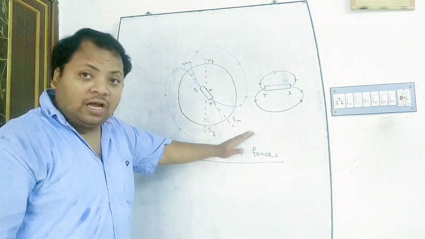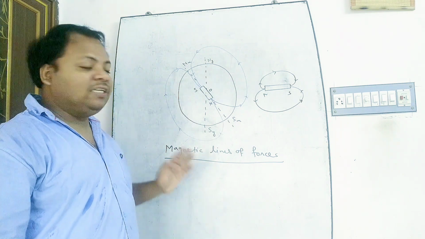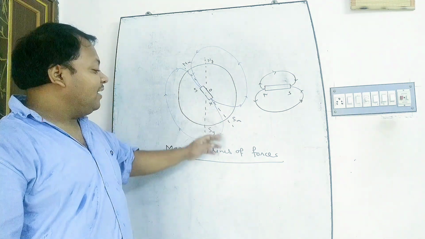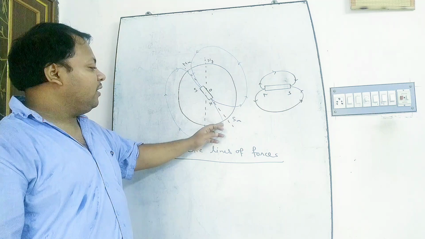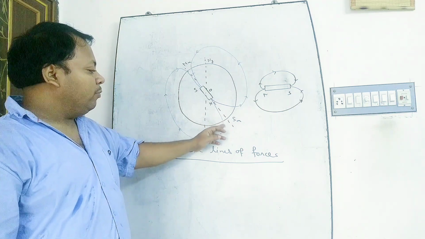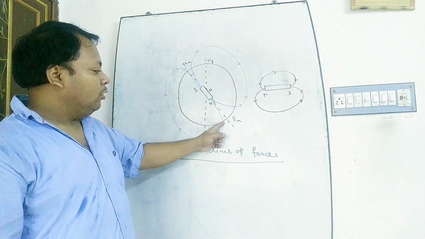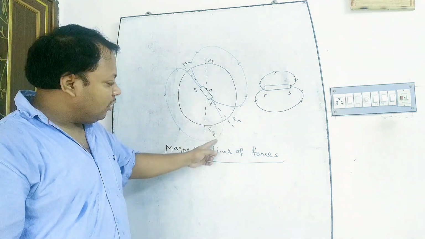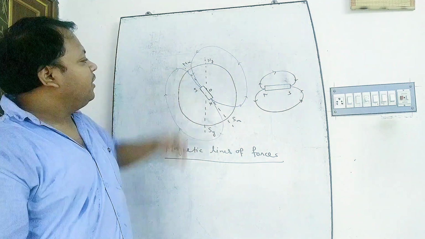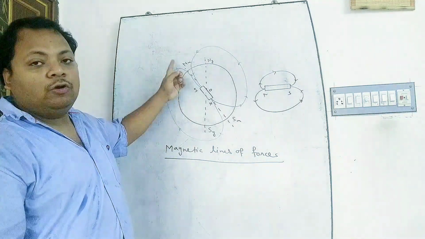And outside the earth, we can see that the earth's magnetic lines of force start from the magnetic south pole of the earth and end at the earth's magnetic north pole.